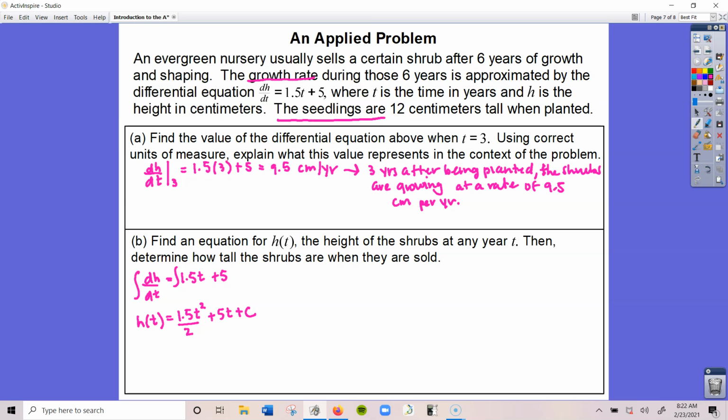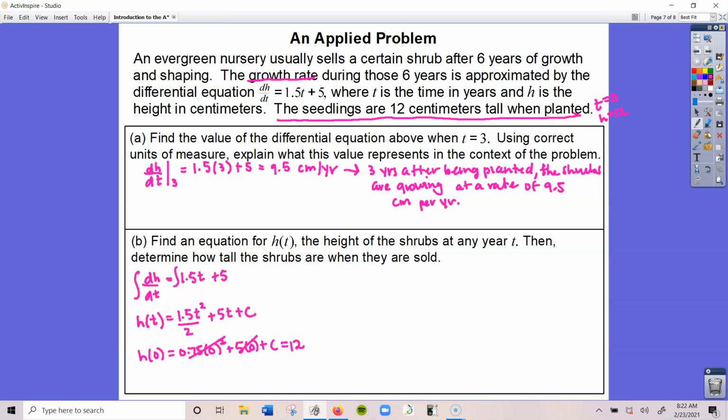And here we are told that the seedlings are 12 centimeters tall when planted. So this means that at t equal to 0, the height is equal to 12. So I could plug in 0 for t. So h of 0 is equal to 1.5 divided by 2, which is 0.75, times 0 squared, plus 5 times 0, plus c, is going to equal 12.